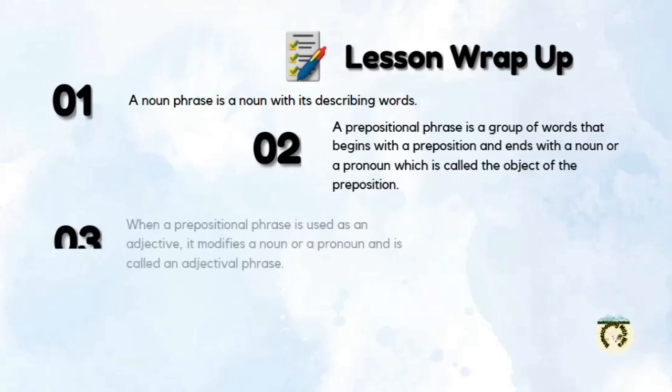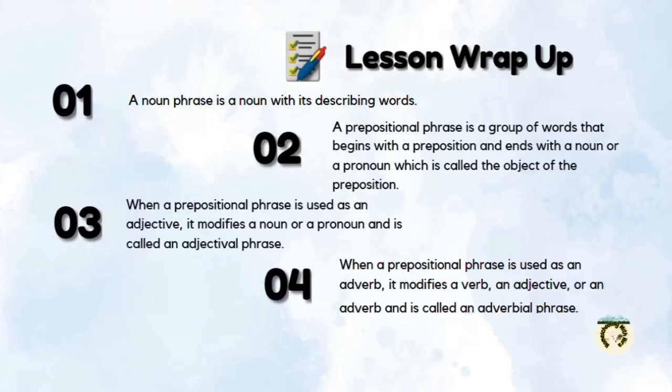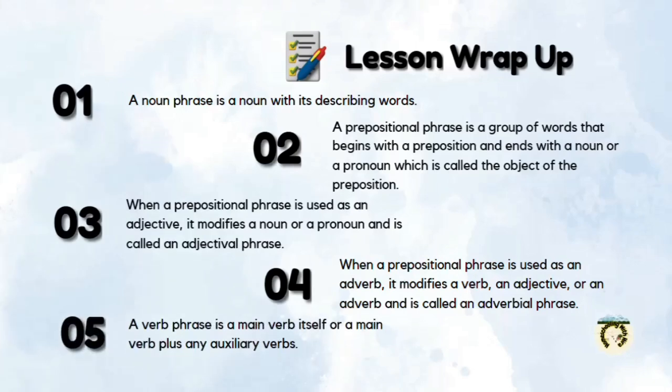Next, we learned that if our prepositional phrase is working as an adjective, if it's describing a noun, we will call it an adjectival phrase. Number 4, if our prepositional phrase is working as an adverb, we will call it an adverbial phrase. Last, we learned that if you have a verb with its auxiliaries, it will be a verb phrase.